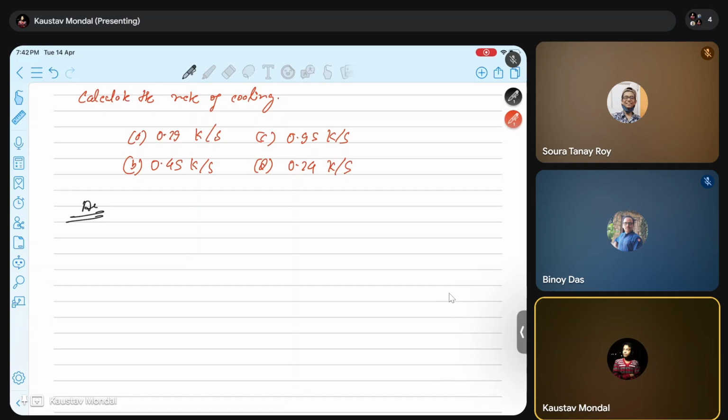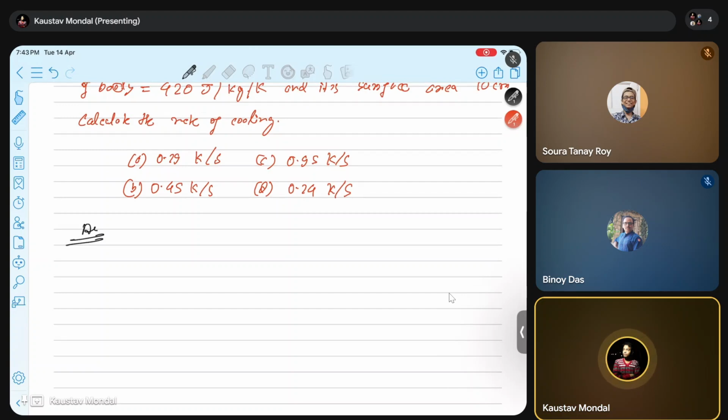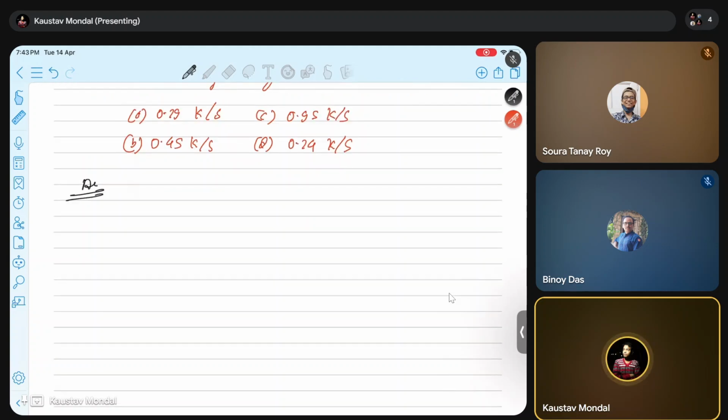Since no emissivity is mentioned in the problem, we can consider it a black body. For a black body, the rate of heat emission per unit time is Q equal to A, the surface area, into the Stefan-Boltzmann law: sigma into T to the power 4 minus T0 to the power 4.